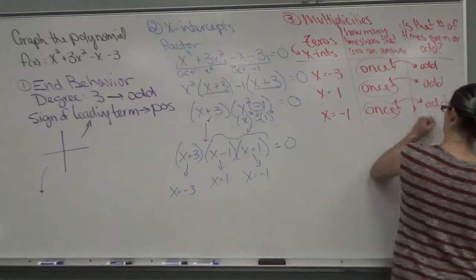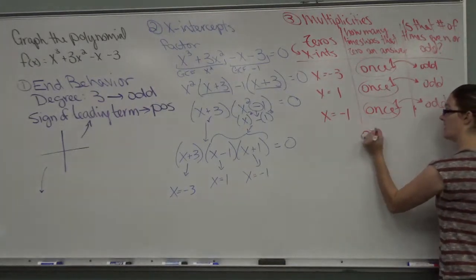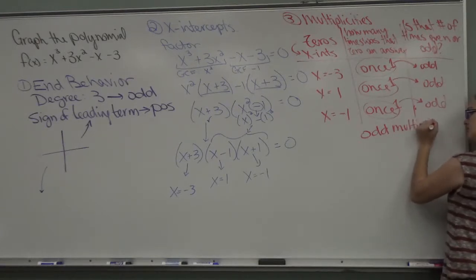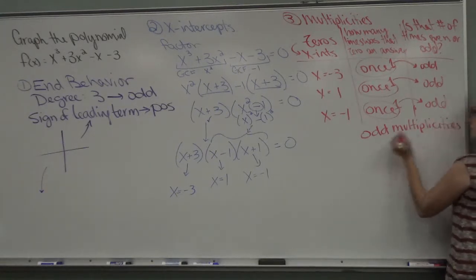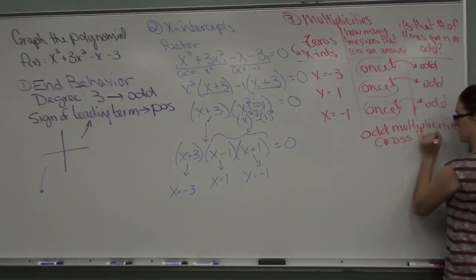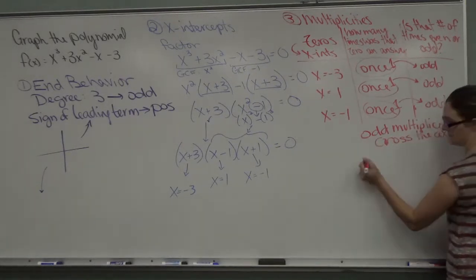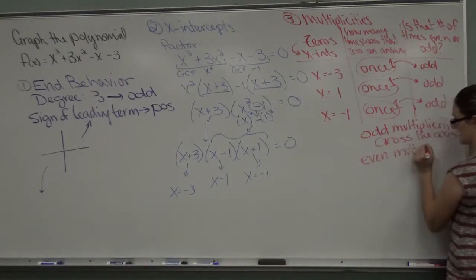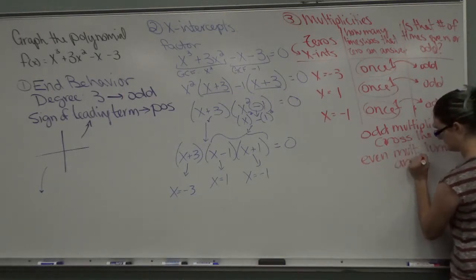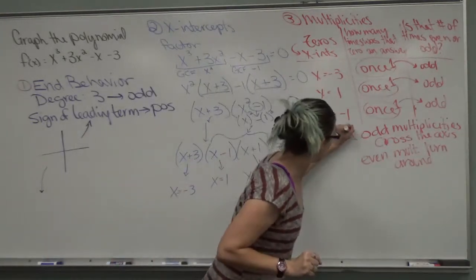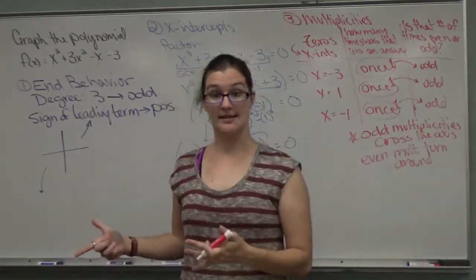So here, we're going to say odd multiplicities cross the axis. Even multiplicities turn around. And I'll explain a little bit more of that in a moment. All of ours are odd, so all of ours are going to cross through the axis.